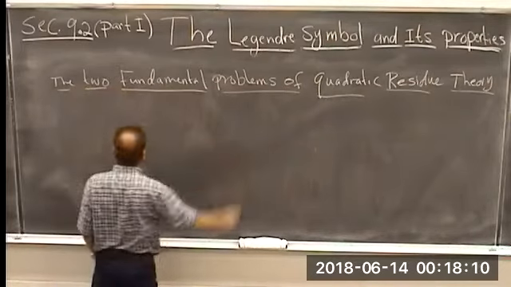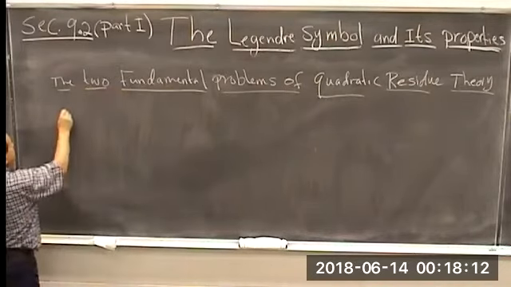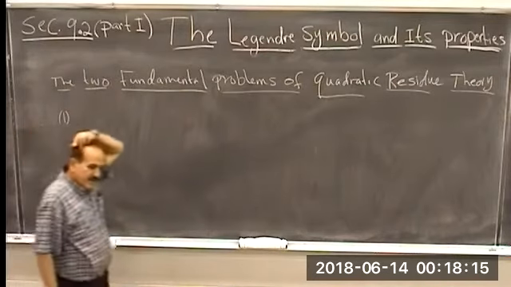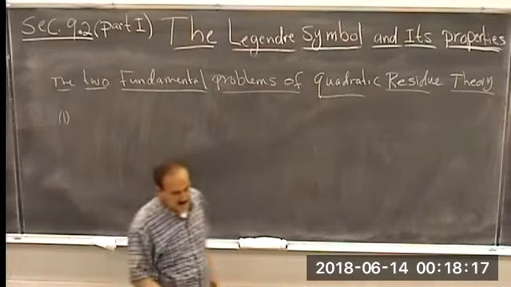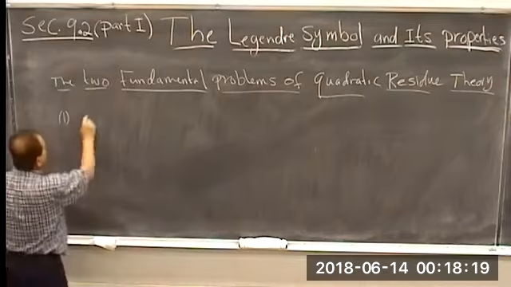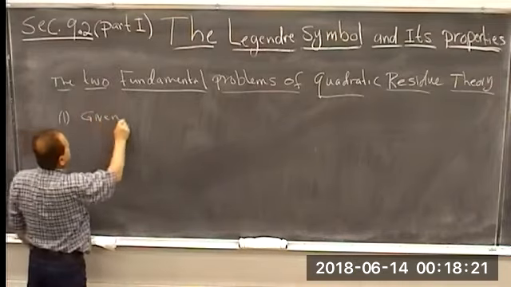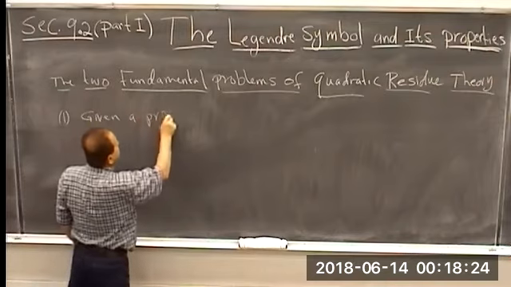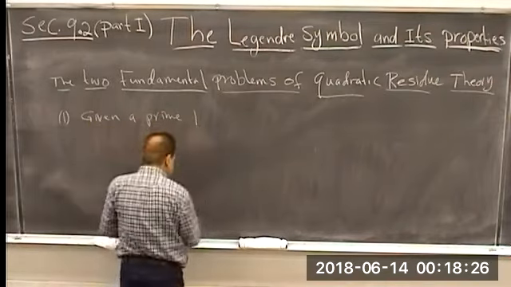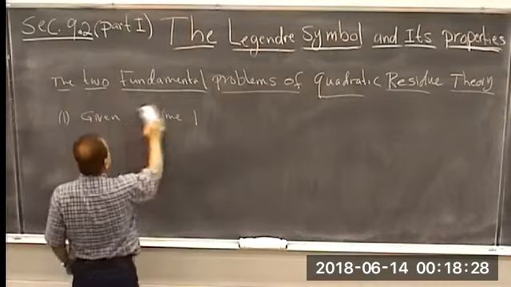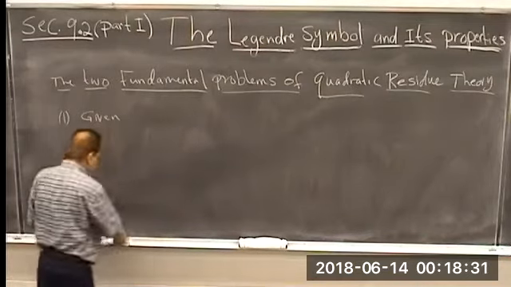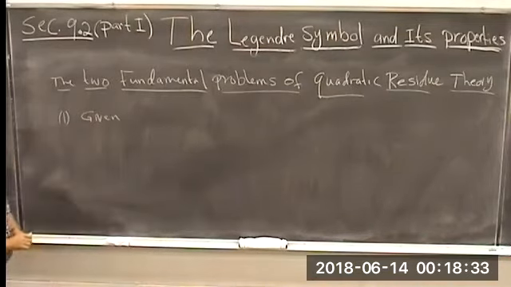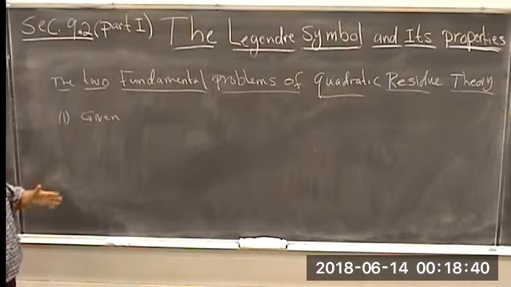Okay. The first one is this: given an odd prime p. Again, we only consider odd primes because for the only even prime 2, everything is trivial when it comes to solving the equation x squared mod 2. So we don't mention it here.